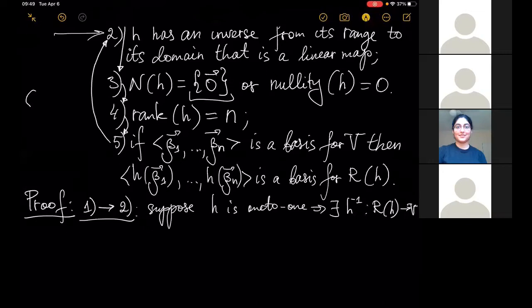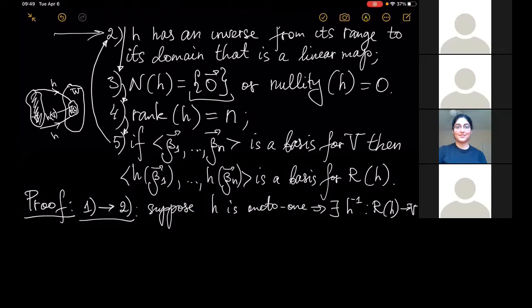If we start from this vector space, and this is the resulting vector space, and we apply our homomorphism to the whole vector space V, we get H of V, or range of H. These are the results of application of our homomorphism to the whole vector space.